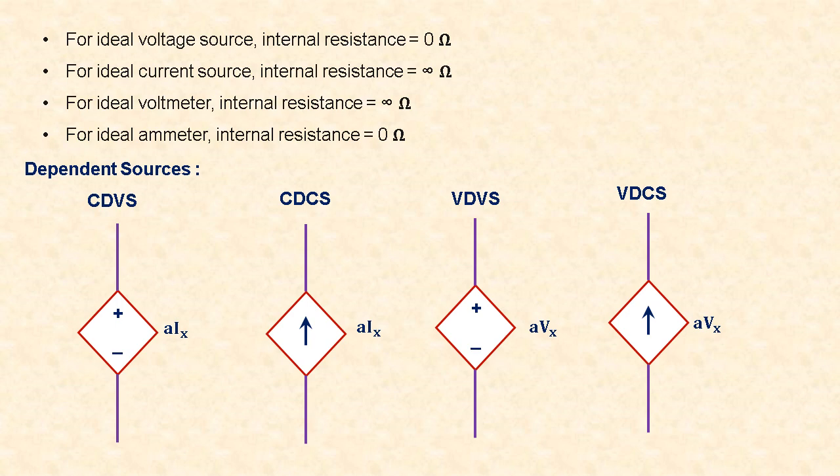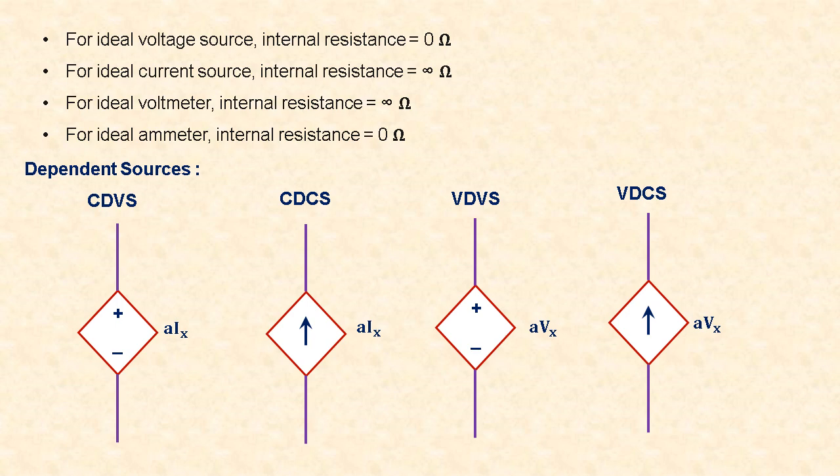Next, dependent sources. In these sources, the current or voltage is dependent on either current or voltage at the terminals. The dependent sources are represented by diamond shape, and for voltage source we have plus and minus sign inside the shape, and for current source we have an arrow inside the diamond shape.